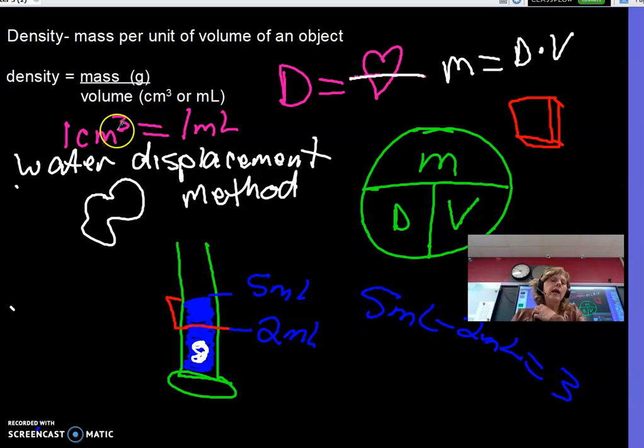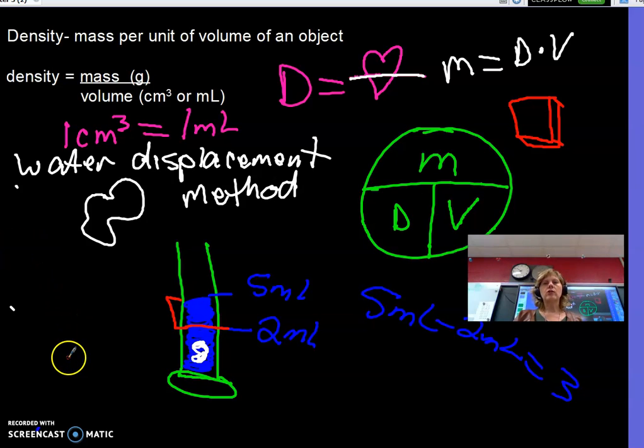Also, it's helpful and important to know that the reason we could use cubic centimeters or milliliters is because these two are exactly the same volume. 1 cubic centimeter is the exact same volume as 1 milliliter. By the way, if it's water, it also weighs 1 gram, but that's true only of water.